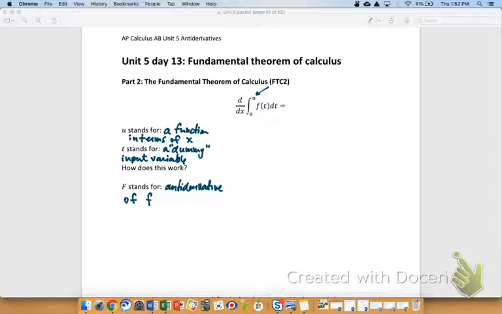And there's one other piece of the puzzle up there that I did not say anything about, and that's the a. A is a constant, just some number, like negative 3 or 12. So a is a constant, u is a function in terms of x, t is just a dummy input variable, capital F is the antiderivative of f.